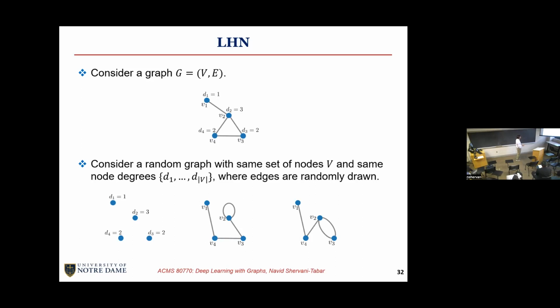This is a different graph, but it has the same nodes and the same degrees. Again, here we don't have a self-loop, but we have two edges between V2 and V3, such that V1 again has degree 1, V4 has degree 2, V3 has degree 2, and V2 has degree 3.